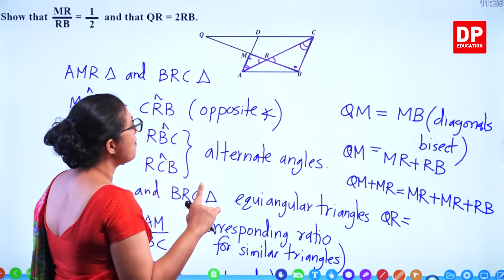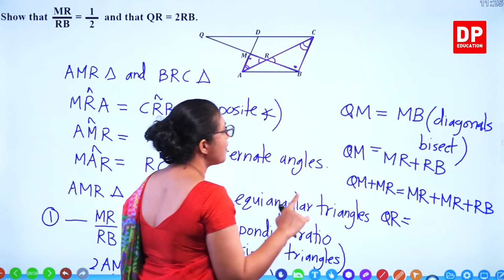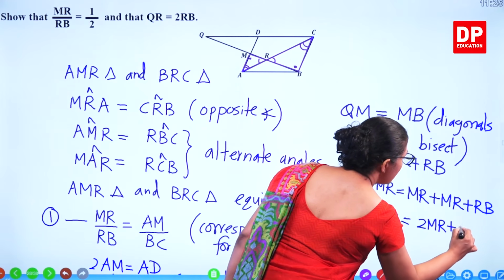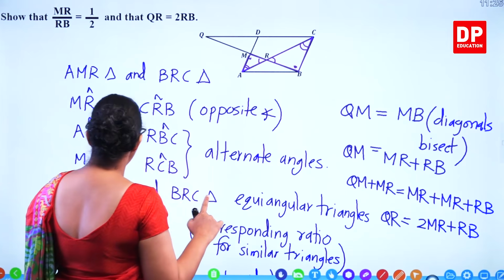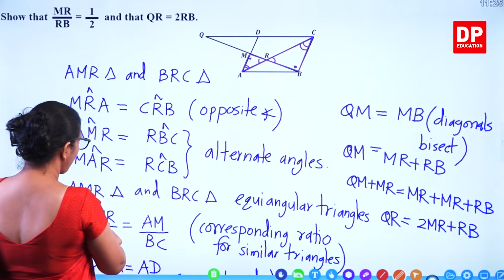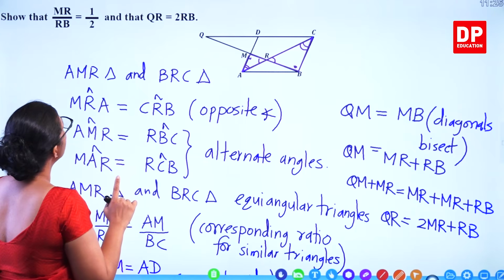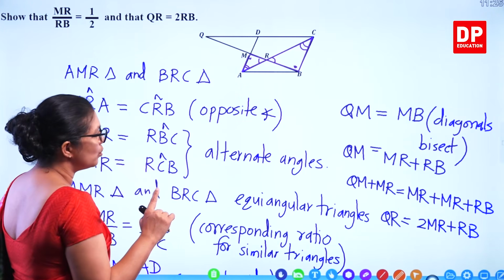And you get MR, MR and RB. What is MR and MR? 2MR and RB. So here, what's the relationship from this? What's MR? RB over 2.